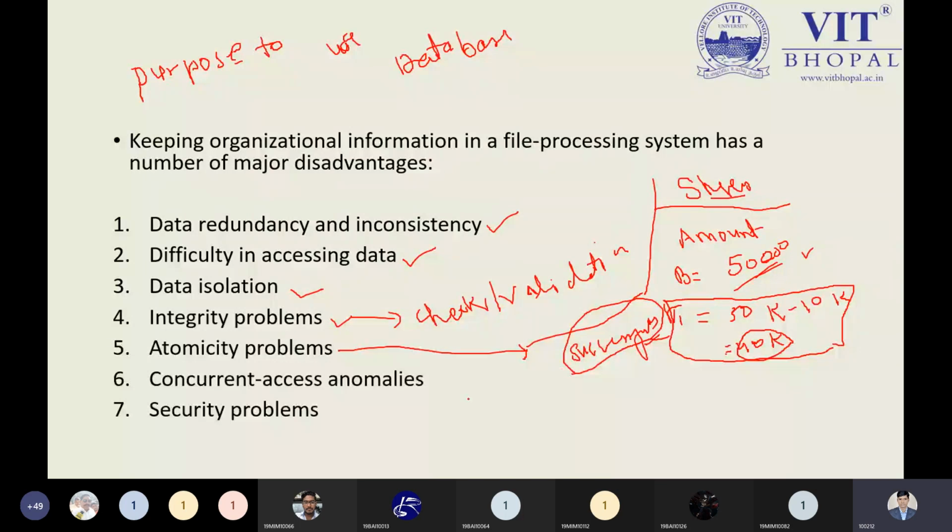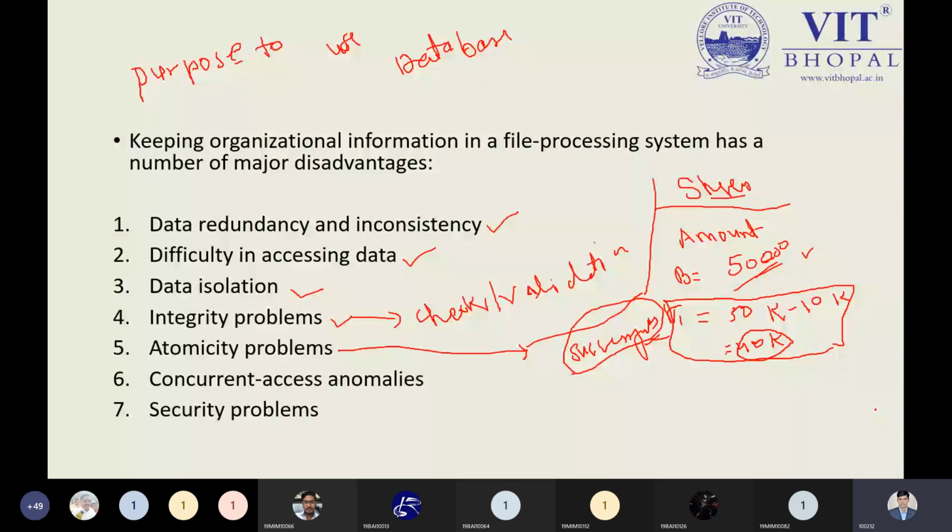This is done by maintaining atomicity. If this is not maintained, then what happens? You lose 10,000 and you don't have it in the bank. So the atomicity should be maintained, in simple words. This is a necessary part which is required.